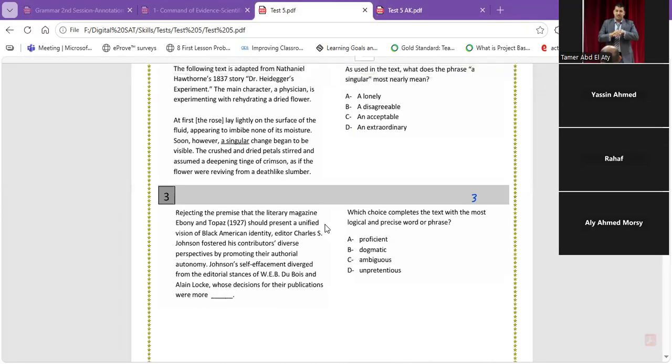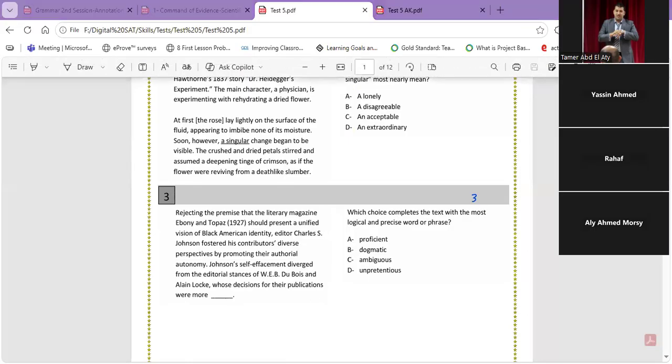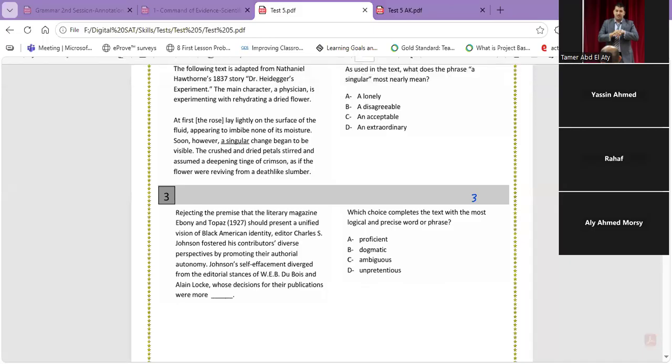Let's go to number 3, and again it's vocab. Ala asked me a question: isn't extraordinary neutral?